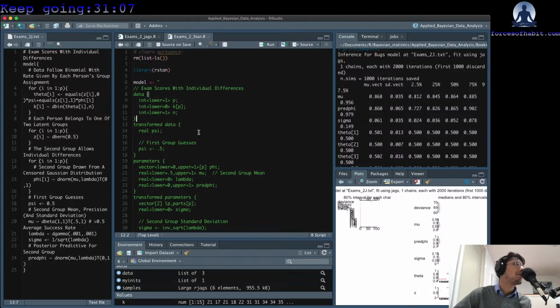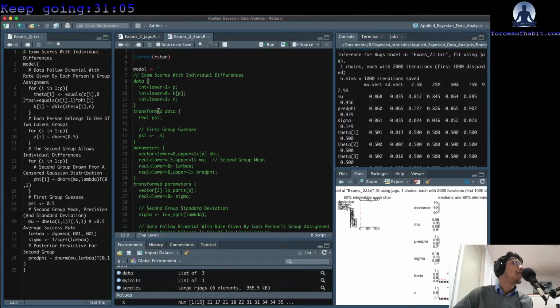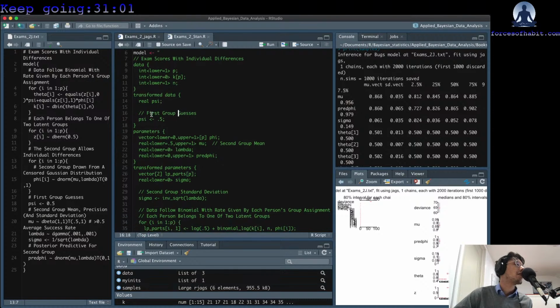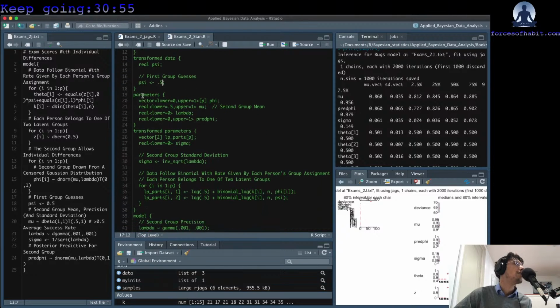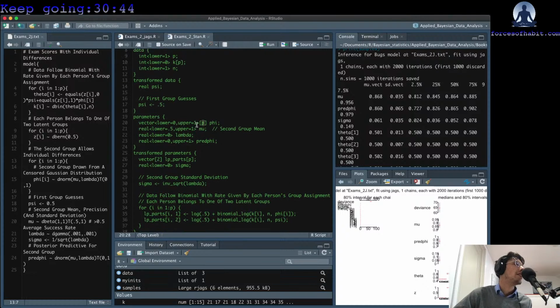Ooh, switching back and forth, sorry. And we want to transform the data, so we have real psi, a discrete value for psi, where psi is just going to be 0.5, and then parameters, we have this vector of phi, which is limited by these bounds, and then each person is going to get one, because this is the hierarchical model, if you recall.